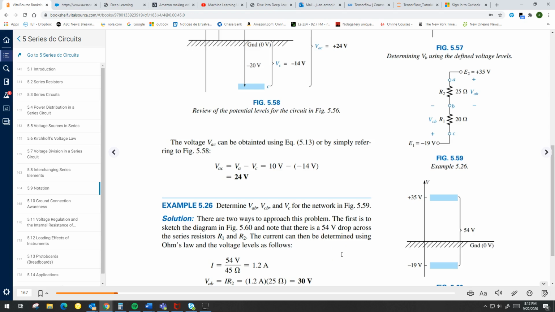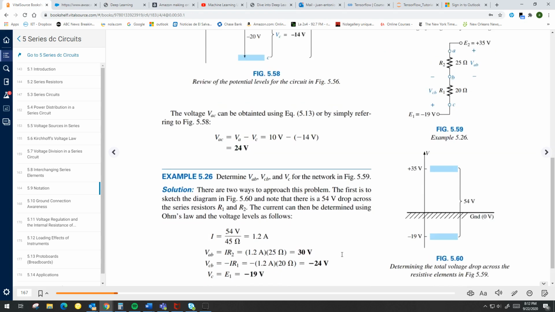So the current can be found using Ohm's law, and the voltage levels can be found then using Ohm's law as well. So the current is then, again, it's a series connected circuit, so you really have a total voltage across the 2 resistors. In other words, if you were to put a meter across A and C, you will measure a voltage between these 2 points, right? But the current is the same, right?